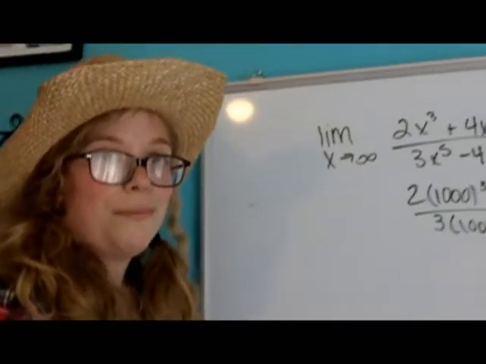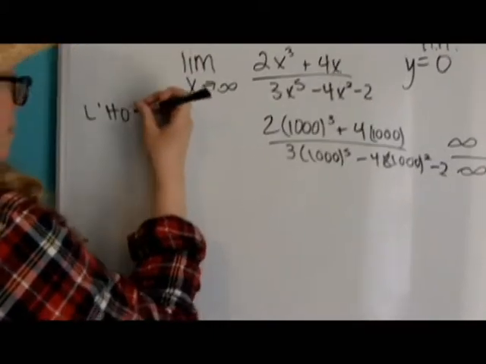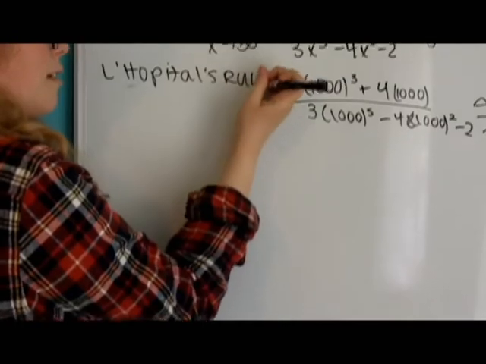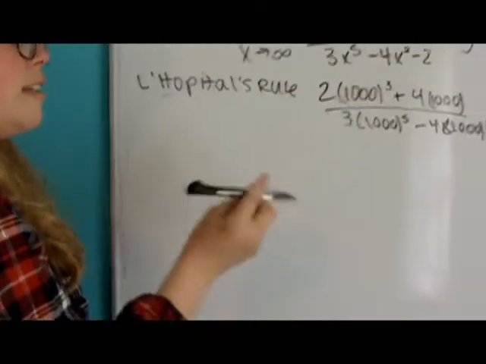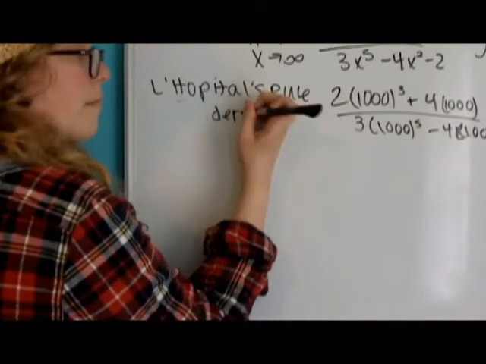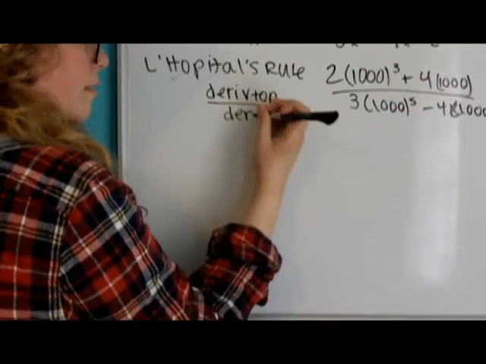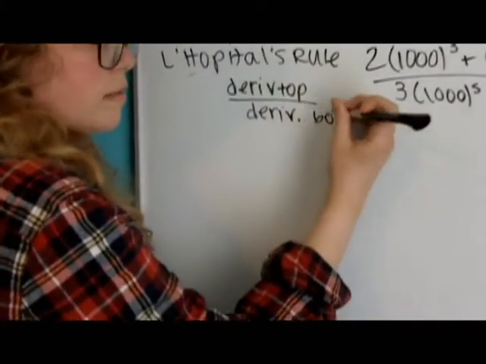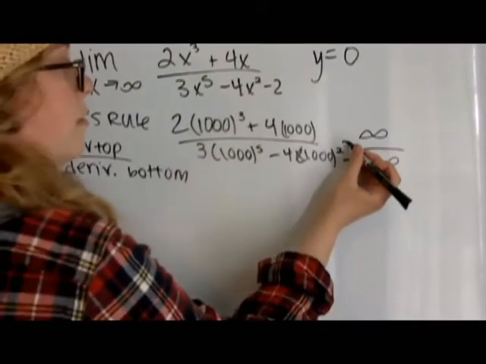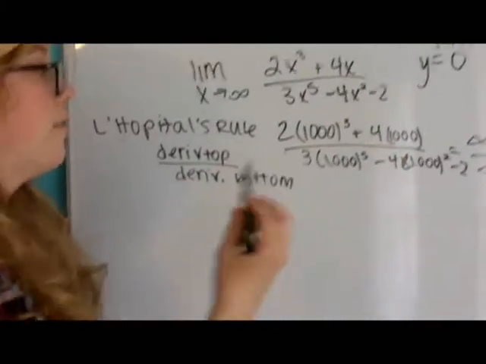So there's a really fun trick that we can use called L'Hopital's rule. This rule states that you can just take the derivative of the top and the derivative of the bottom, only when the original limit is infinity over infinity or 0 over 0.